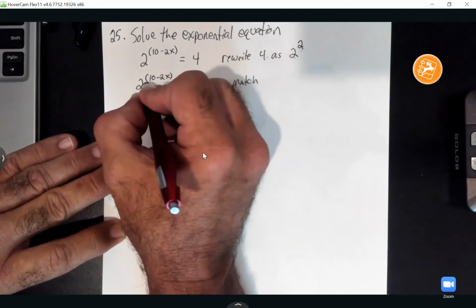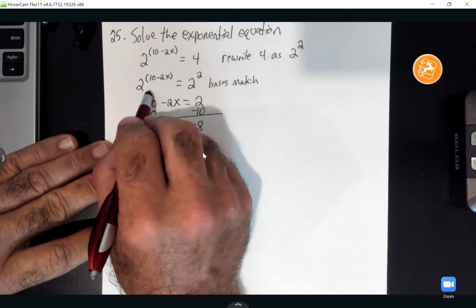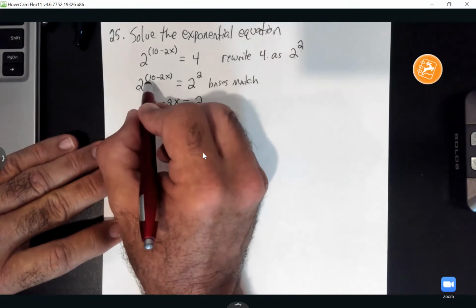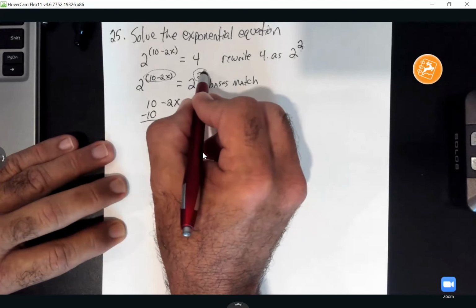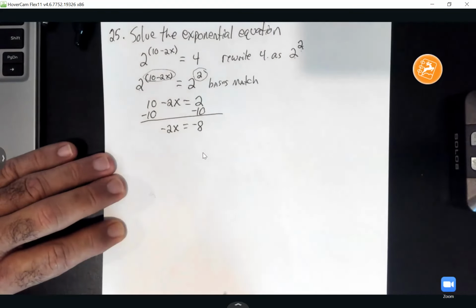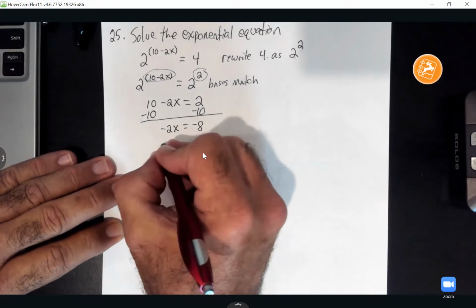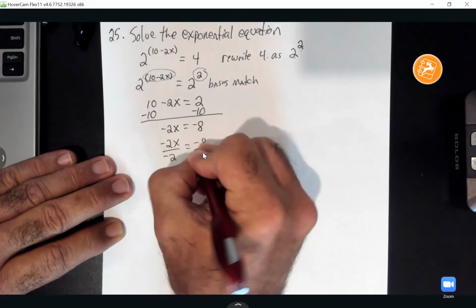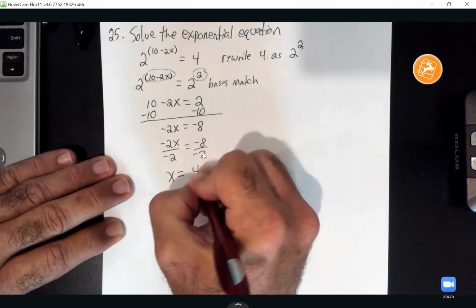So since these bases matched, the 2's on the bottom matched. Anytime those bases match, that means this exponent 10 minus 2x has to equal this exponent of 2. Okay. So now I'm going to divide both sides by negative 2. And I get x equals a positive 4.